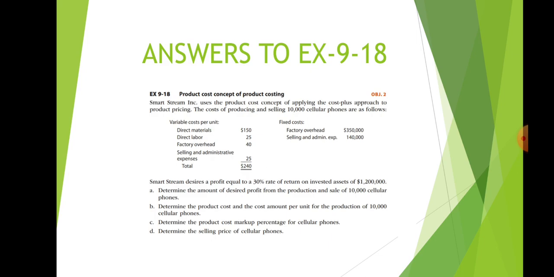So they have given the variable cost per unit and the product cost per unit as shown in the problem. So the direct materials is 150, direct labor is 25, factory overhead is 40, selling and administrative expenses is 25, for a total of 240 variable cost per unit. And they have also provided the fixed costs, which are the factory overhead of $350,000 and selling and administrative expenses of $140,000.